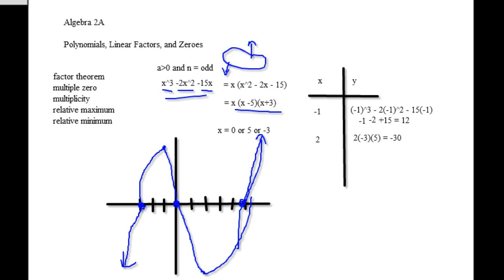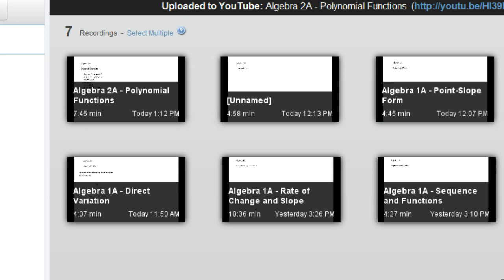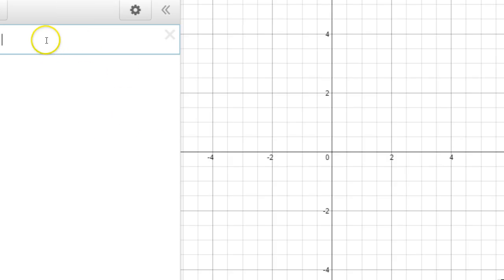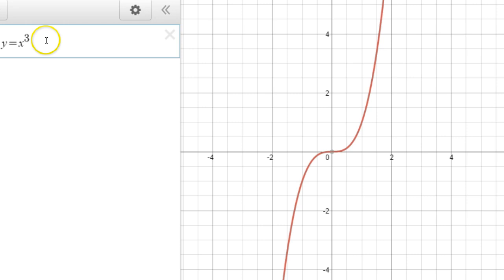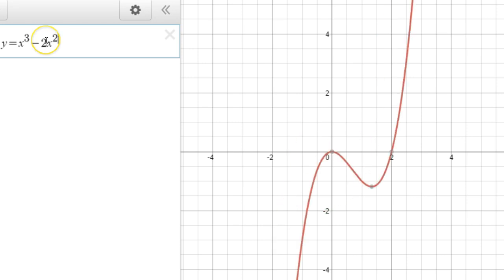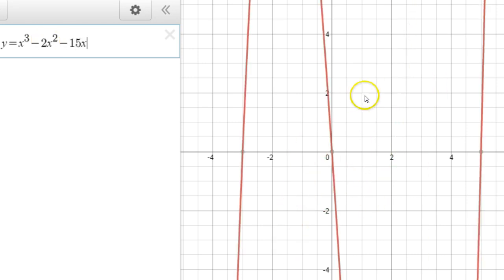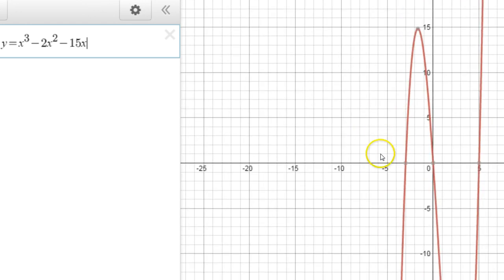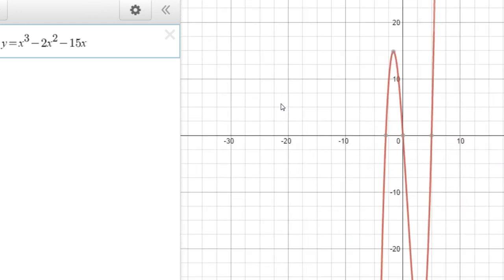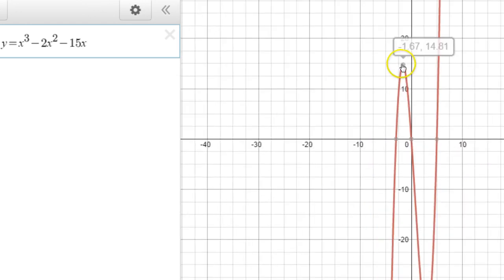That's how you used to graph back in the day. Today we have these amazing things called graphing calculators, and they do it a lot easier. So when I actually put in y equals x to the third minus 2x squared minus 15x, and zoom out, I can see that it's pretty darn close to what I needed.